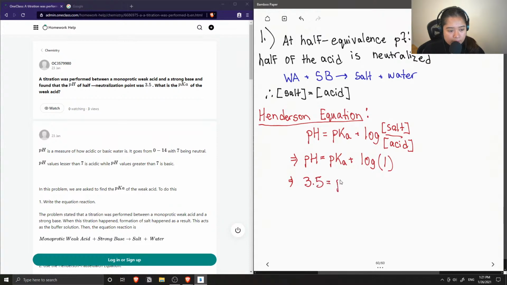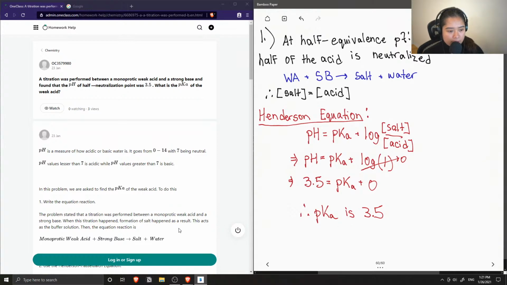And when you take the logarithm of 1, it is just 0. So therefore, our pKa is 3.5, which is the same as our pH at the half equivalence point.